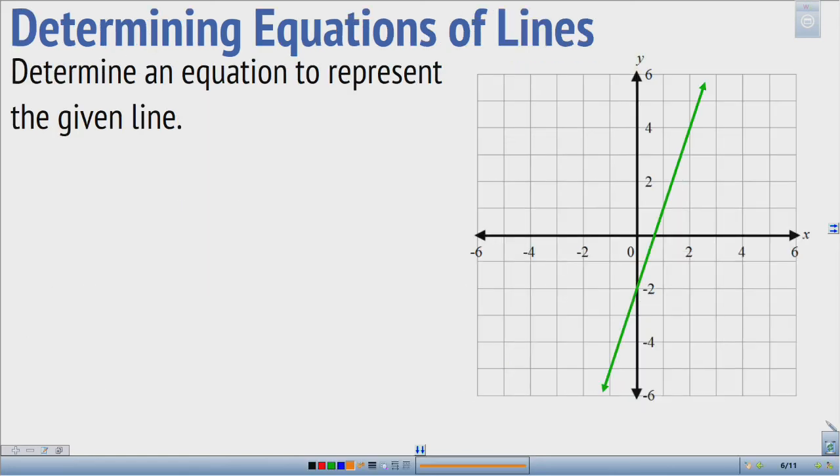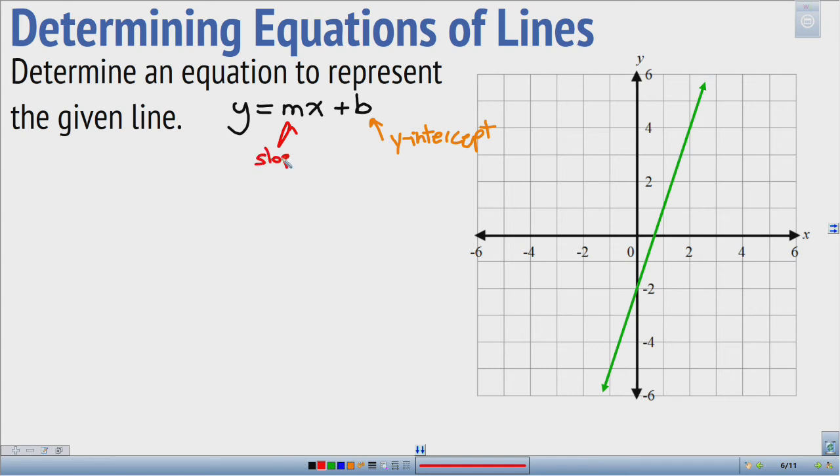All right, we're just going to go through some more examples on how to determine equations of lines given the graph. So let's determine the equation to represent the given line. Remember, for any kind of slanted line, we're going to use the equation y = mx + b, where b is the y-intercept and m is the slope.